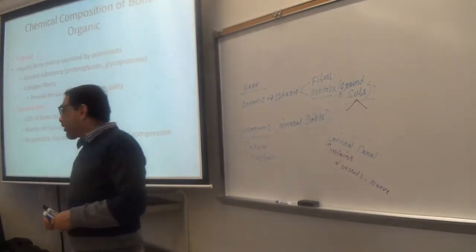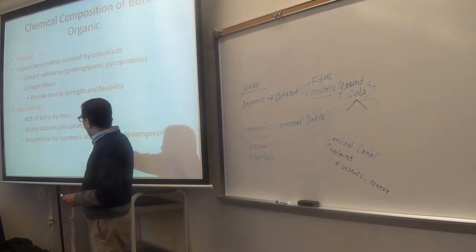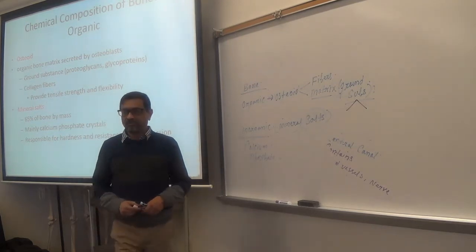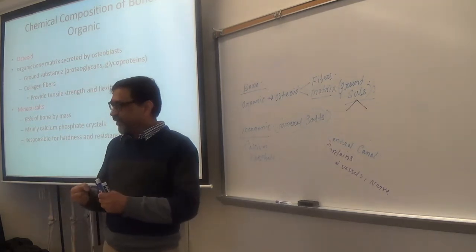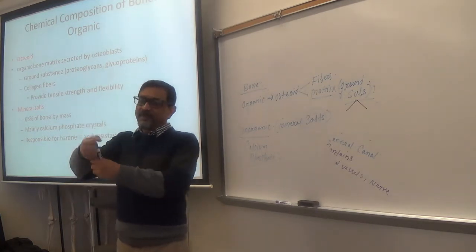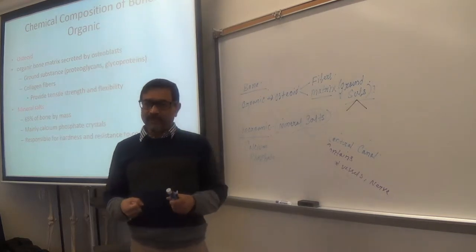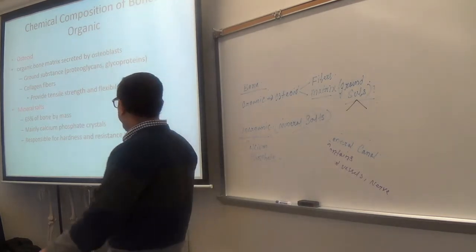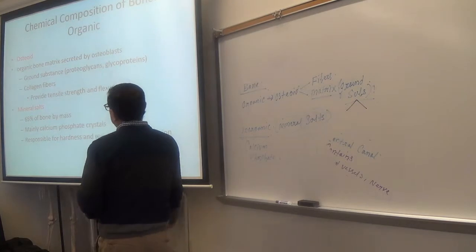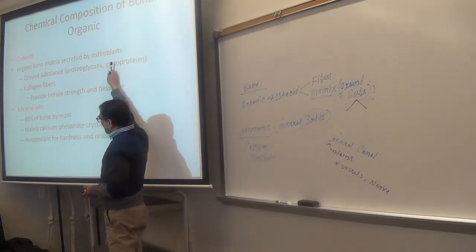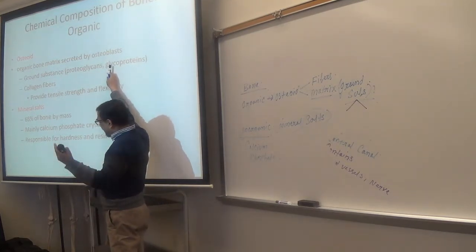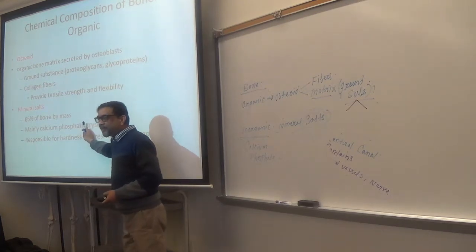And mineral salts, calcium phosphate, are very hard, like cement, hard cement. So this part gives the hardness of the bone. Make sense? So this part gives the flexibility. That is also a strength. And this part gives what?